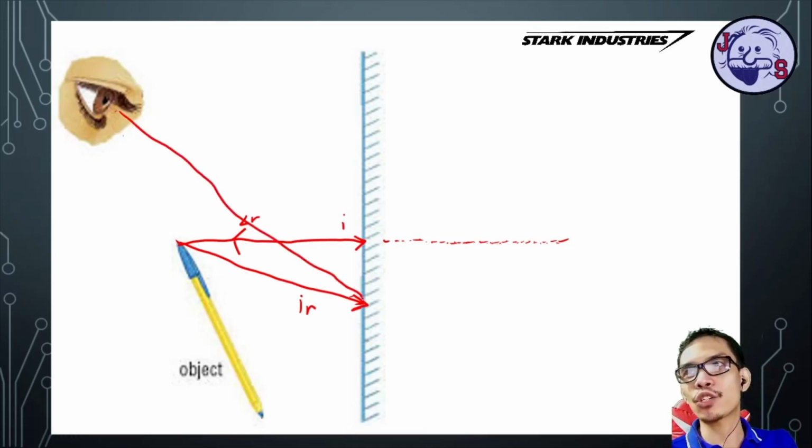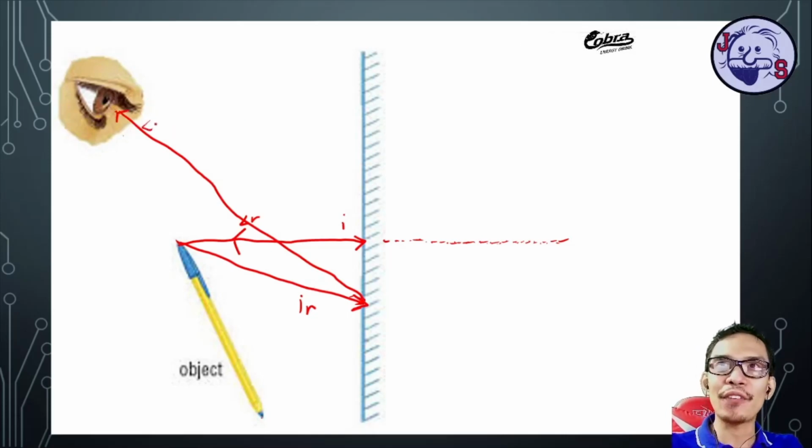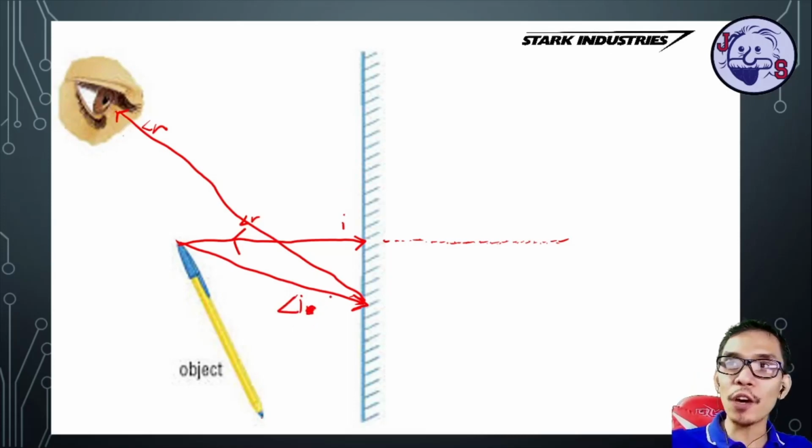So this is the reflected ray. If you follow the law of reflection, the angle of incidence should be similar to the angle of reflection.